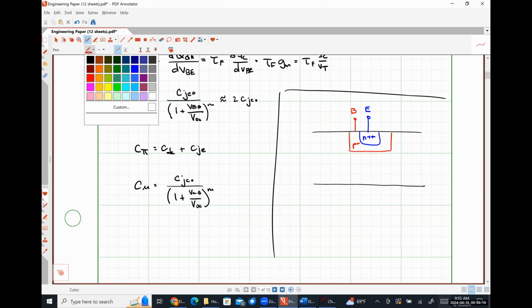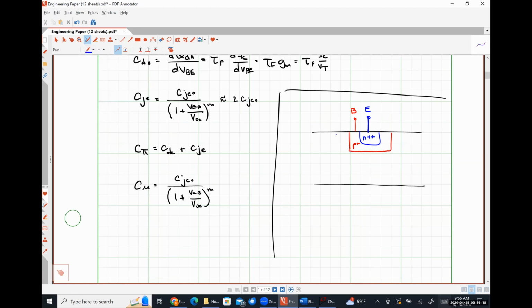And then here, we have our N region for our collector terminal.